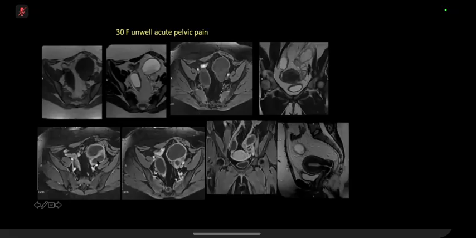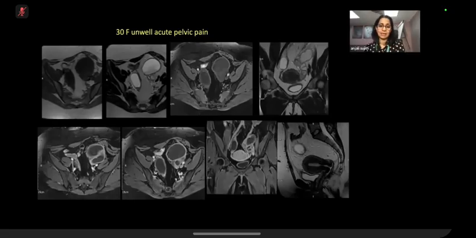Given acute pelvic pain, there is a thick, uniformly enhancing rim of both bilateral adnexal lesions. I'd like to check the diffusion weighted images, but my primary diagnosis would be bilateral PID with pyosalpinx on the left side. Okay, brilliant.